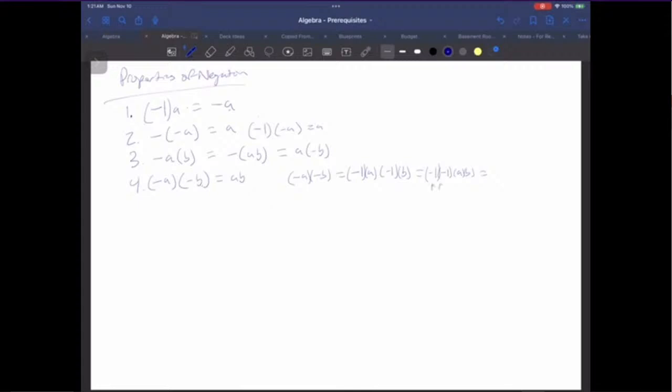Negative 1 times negative 1 is the same as 1. So I have 1 times a times b. I don't have to write the 1, so that just ends up being ab, which is what we wanted.